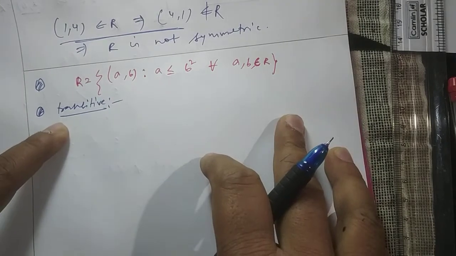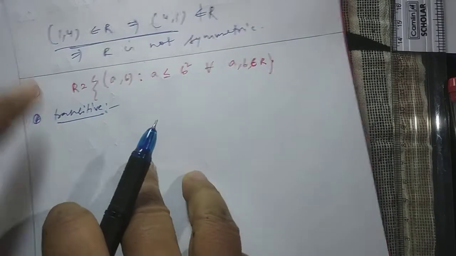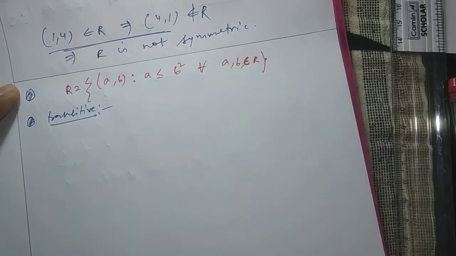Now let us come to the next point to be checked, that is transitive. And we know to be transitive we need to pick up 3 distinct elements from the given set.